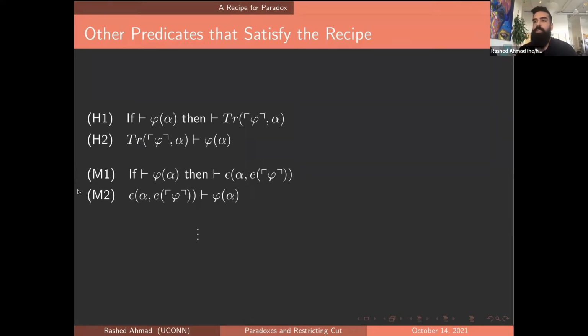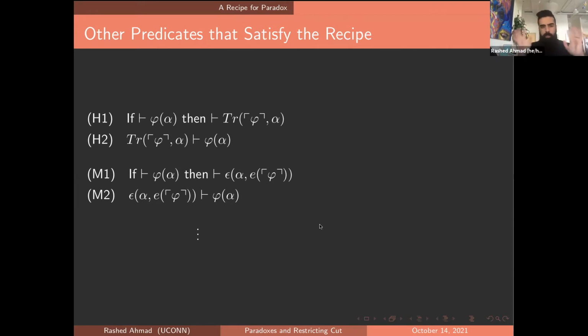Again, we only need these two rules, which say if alpha is phi, then alpha is in the extension of phi. And then you get something along the lines of, say, the extension of phi is in the extension of phi, and the extension of phi is not in the extension of phi. So we get Russell's paradox in terms of extensions.